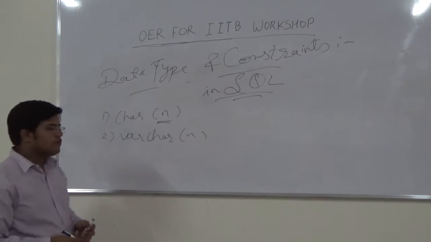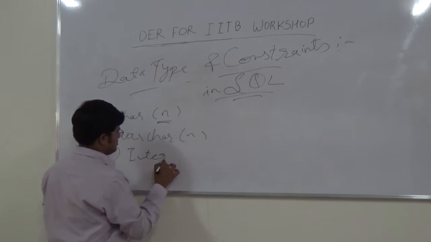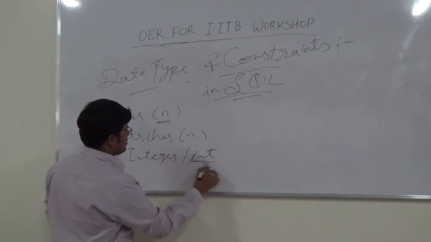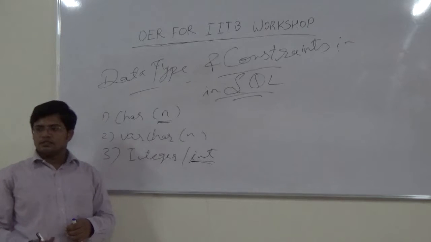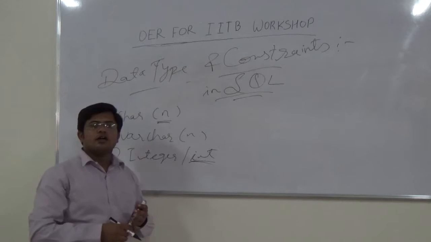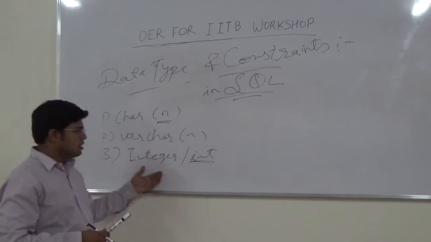Then next we are going for integer, or int. Most of the time we use int in place of integer. For example, if we want to show a phone number or a pin code for an address, we can use the integer.